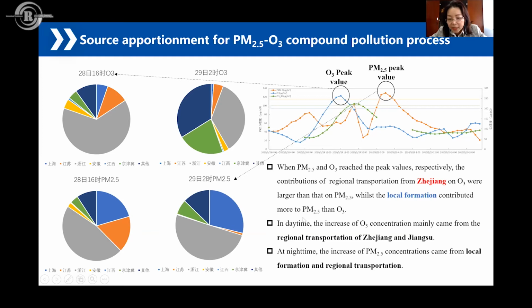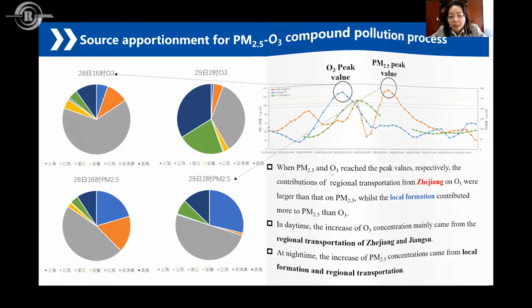But comparing with ozone, for PM2.5 the emission contribution is more from local formation as well as regional transportation. This means that when we talk about ozone, we need to consider the more important contribution from other regions. But when we talk about PM2.5, we need to consider the local contribution as well as the regional transportation.